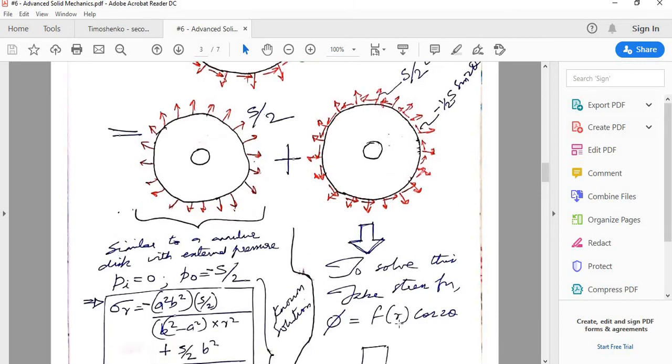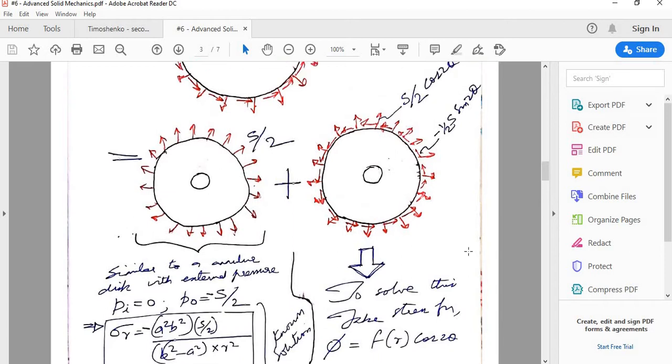In other forms you can think of both r and theta combined in different terms, but that is not possible here. Here the stress function is one particular function which is completely a function of r and a separate function of theta, which is cos 2 theta. As I told you, this is done by some back calculation, we won't be discussing that.